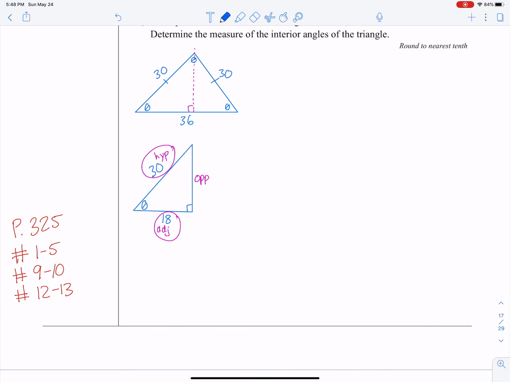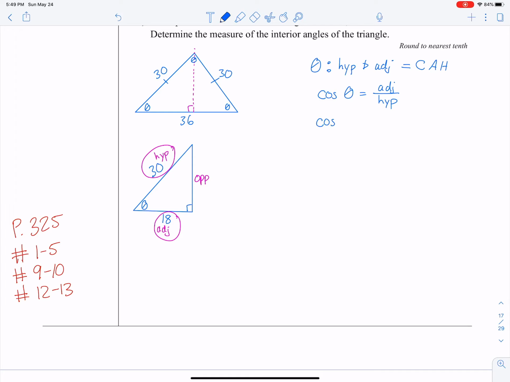I'm going to find the angle, and I have hypotenuse and adjacent, so that means that I'm going to use my cosine. So cos of my angle is equal to adjacent over hypotenuse.